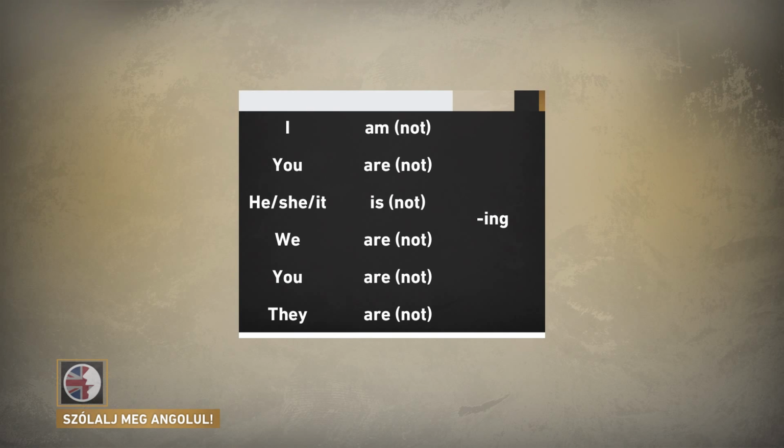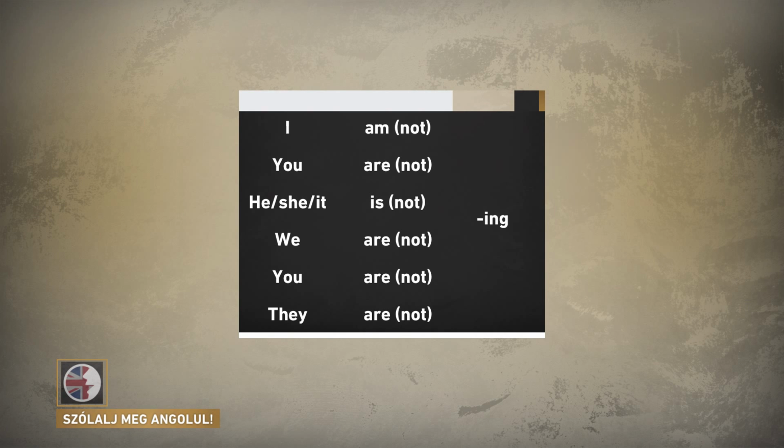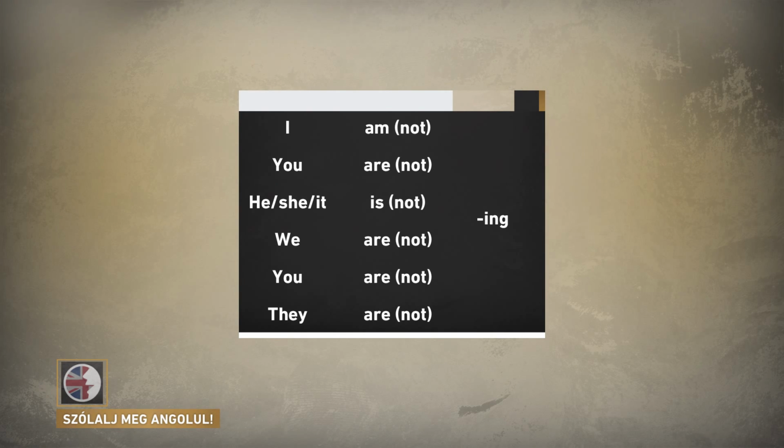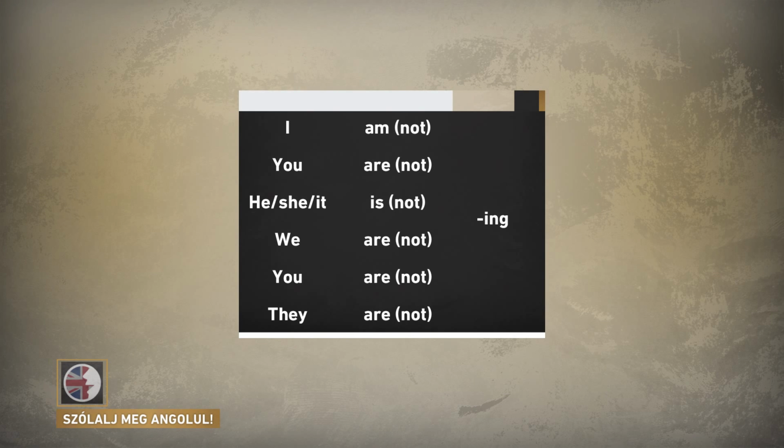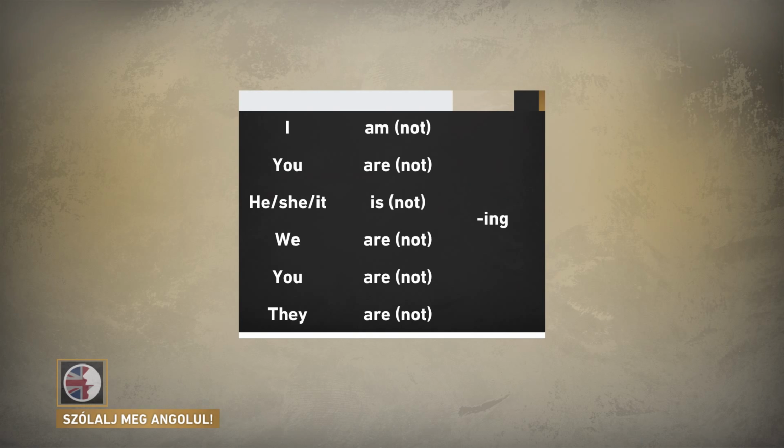To make the negative, we put not between the verb to be and the ing form, like this. I'm sleeping becomes I'm not sleeping. You're talking becomes you're not talking. They're walking becomes they're not walking.